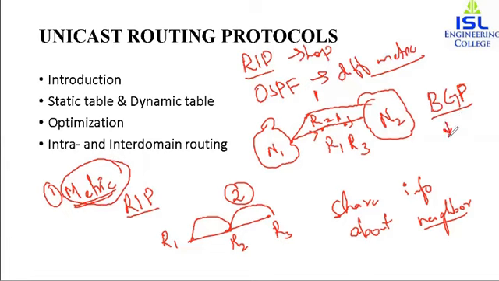Here the policy or the metric is decided directly by the administrator. So when we study routing protocols, we will study these three only: the Routing Information Protocol, Open Shortest Path First, and the Border Gateway Protocol.